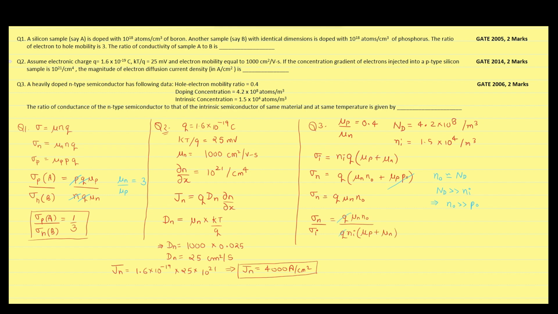Now, by dividing the numerator and denominator by free electron mobility, we will get, also N naught is equal to Nd. Putting the values of different parameters, we will find the final ratio to be equal to 2 into 10 raised to the power 4.